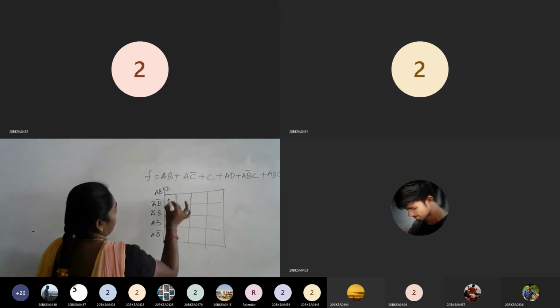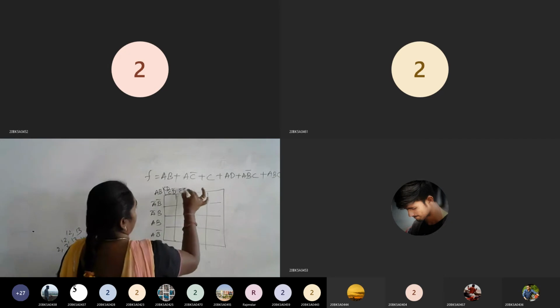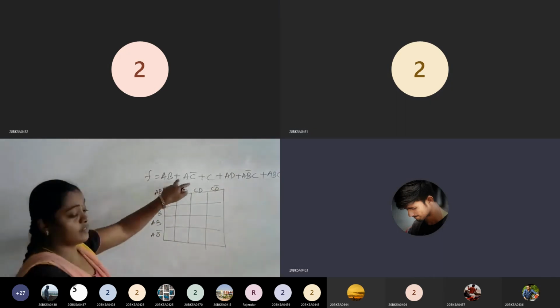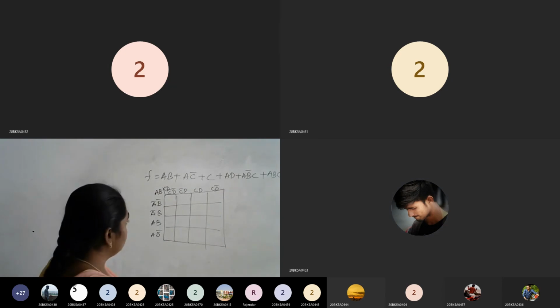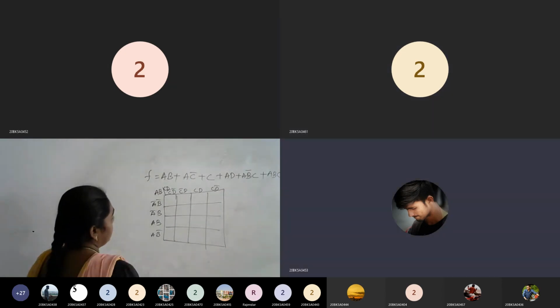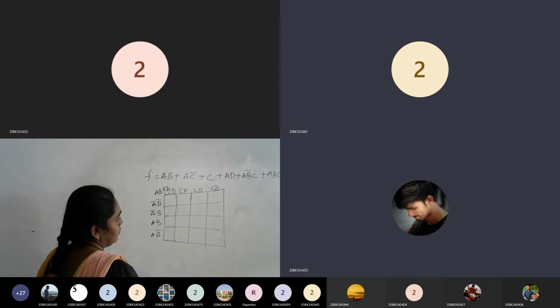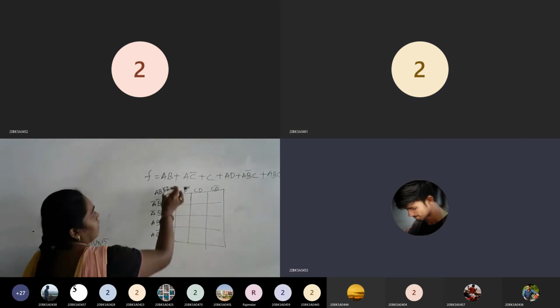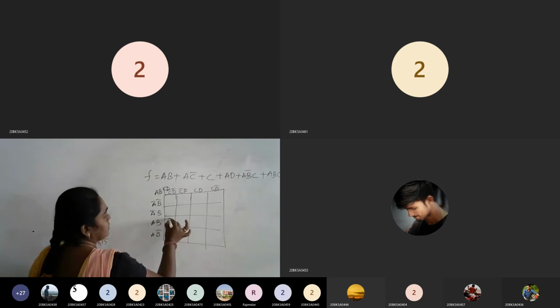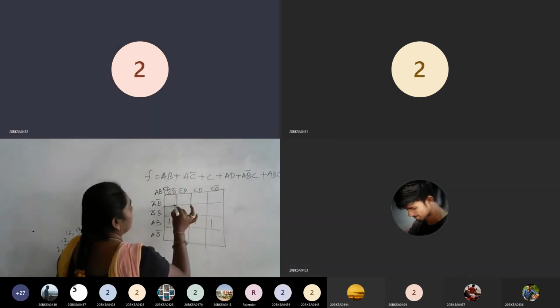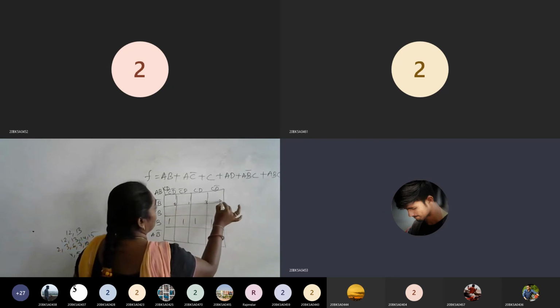B bar. What is the first one? A, B. Tell me which is having AB. Third row, fourth row. As C and D values are not there, just keep the ones in the third row. Now I'll tell you the first one.